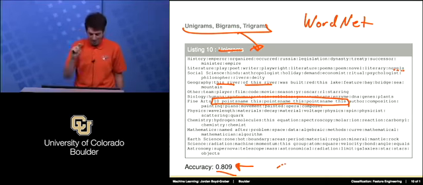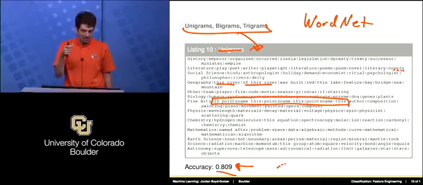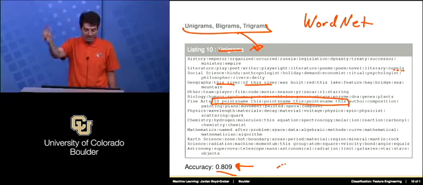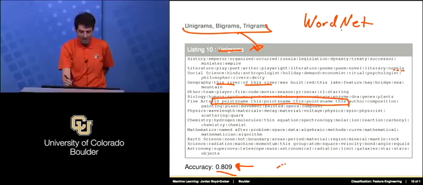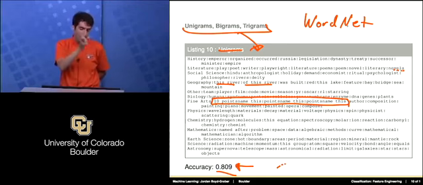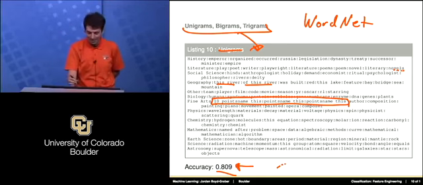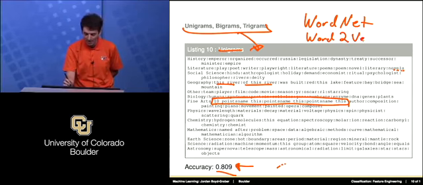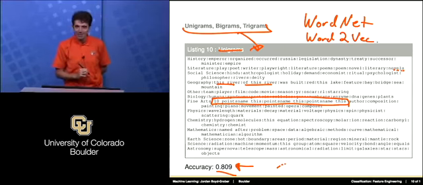And you can do things like query expansion, so you can query emperor and then ask what are the words most similar to emperor. And another way of doing that that's a little more modern is word2vec, which is another tool that you can use to do that sort of thing.